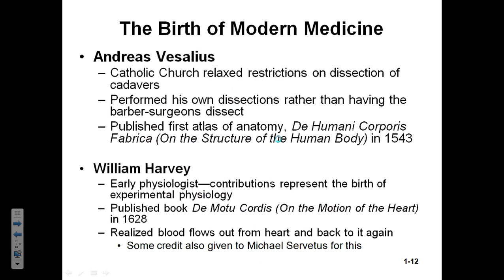All right. Harvey and Vesalius. They looked at dissections of things. They looked at and developed the first atlas of directional terms of a human body. Harvey came up with experimental physiology. So he looked at the flow of blood in a closed chamber.